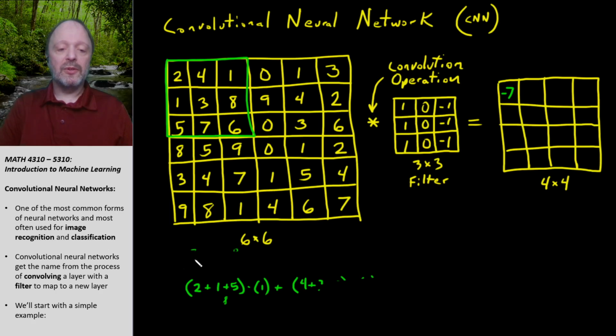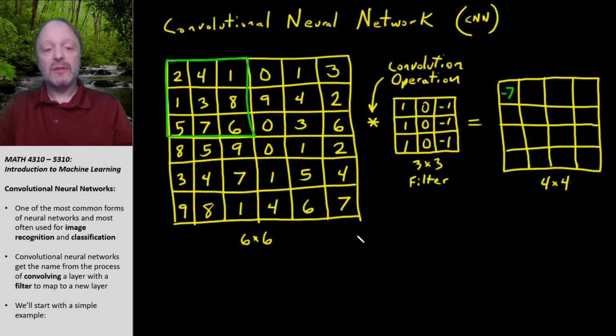So the next thing we're going to do, now that we've completed the first convolution, is we're going to shift the filter over 1. So the next one, let's use orange. Let's go with this set of values right here.